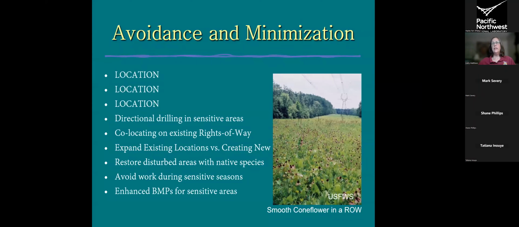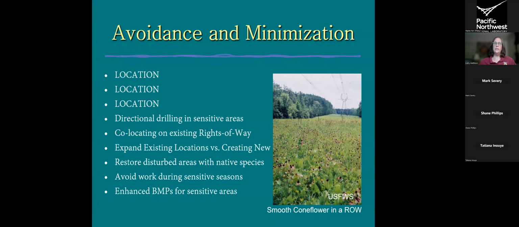Pretty much every environmental regulation requires some sort of avoidance and minimization to be considered for the project, and the location and alignment of the infrastructure is really the best opportunity to have avoidance and minimization.